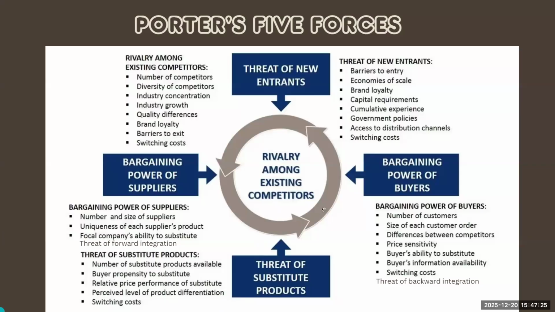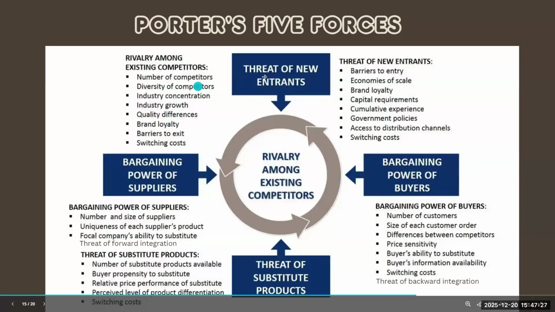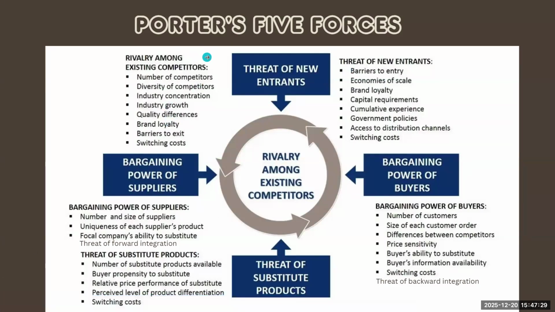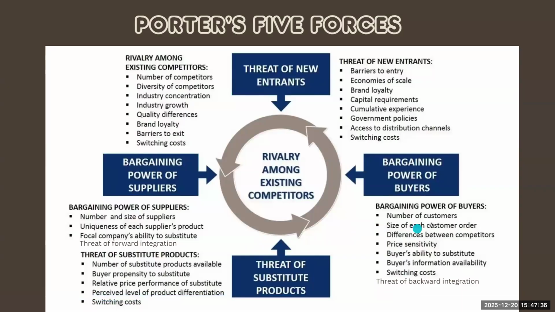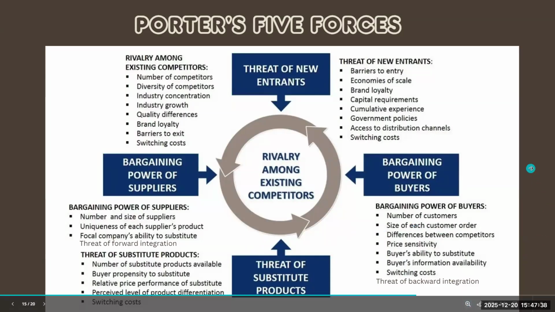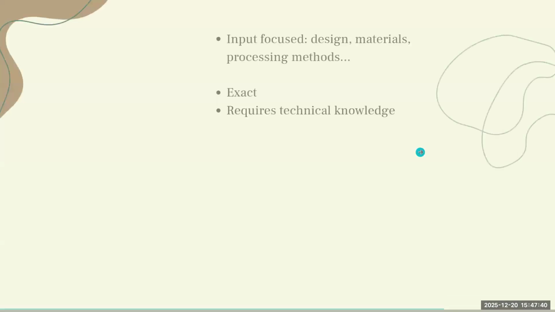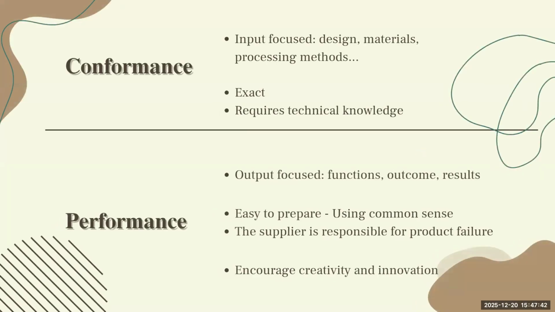Okay, so that is about Porter's five forces. We not just learn from this model, but also connect it with other parts in the study guide. Now, as you can see, Porter's five forces has a very strong connection with the specification, and different specification may decide the outcome.